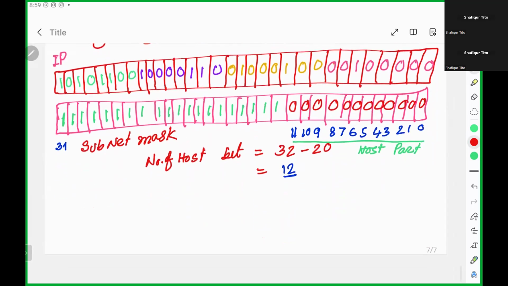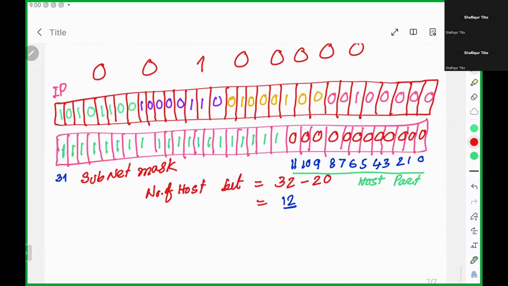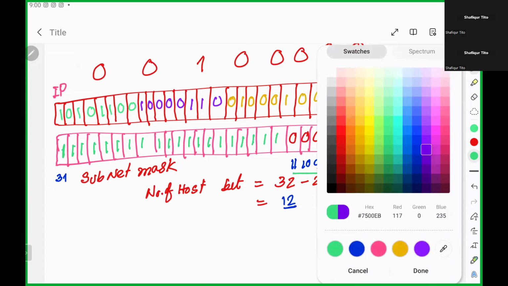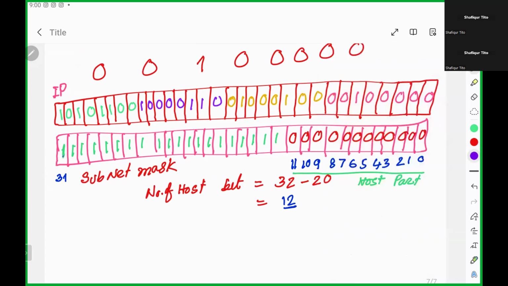Okay, now I have already identified my subnet mask. If I want to represent this subnet mask in decimal, then I have to group them into, let me select purple, 8 bits. So 1, 2, 3, 4, 5, 6, 7, 8.